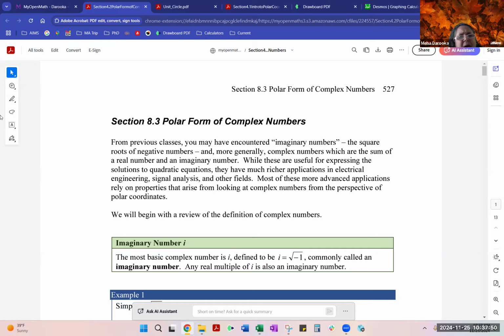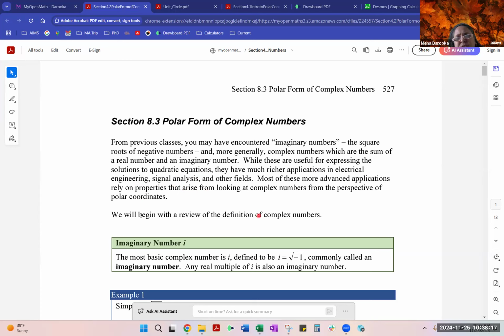While these are useful for expressing solutions to quadratic equations, and that's exactly where we talk about imaginary numbers in college algebra, they have richer applications in electrical engineering, signal analysis, and other fields where, if you guys are heading that way, you will be talking extensively about imaginary numbers.